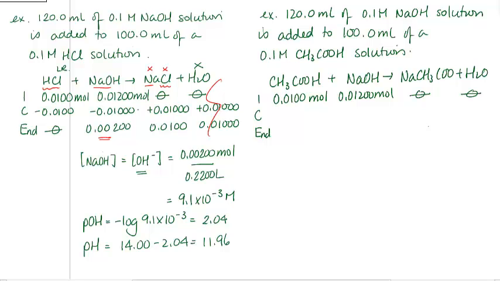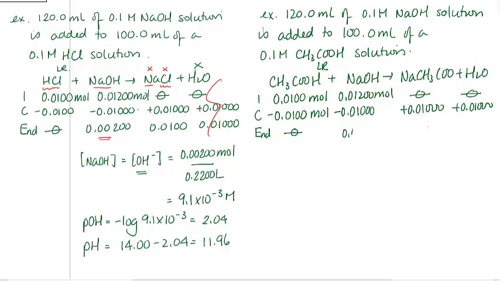Again, we take a look and we can see that our acetic acid is now the limiting reagent, and so in reacting, it will be used up. And so finally, we have no acid left over.